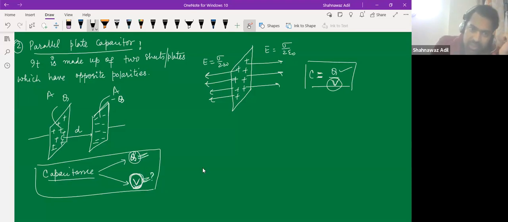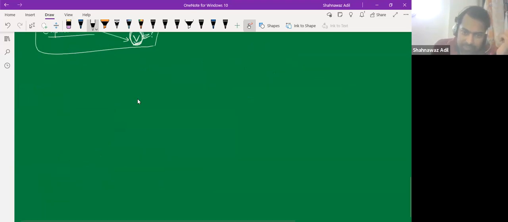So we have a parallel plate, and its area we know.